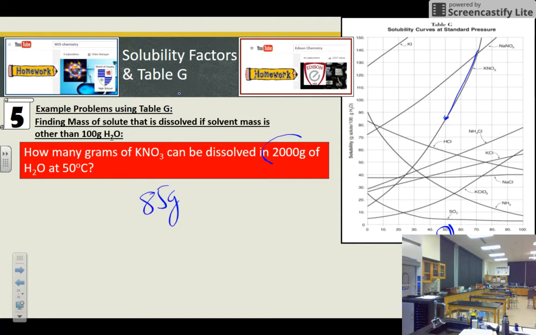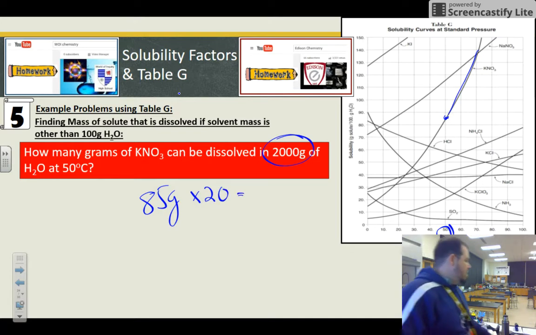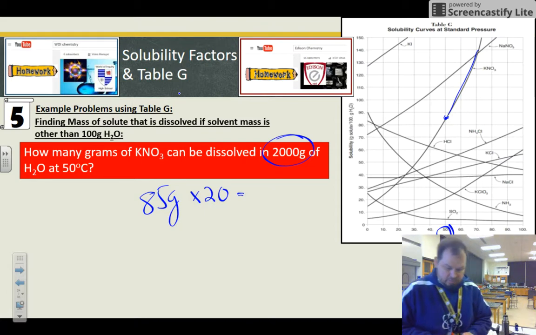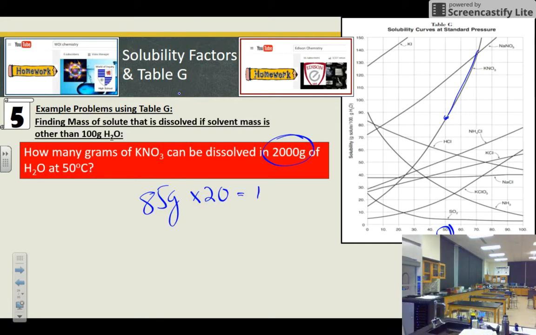Well, if I had 2,000 grams of water, oh my God, I multiplied it by 20. 100 times 2, times 10, 20. All right, so I just multiplied this number by 20, and I'm going to get a number. So 85 times 20, 1,700 grams. 1,700 grams I can get to go to solution.